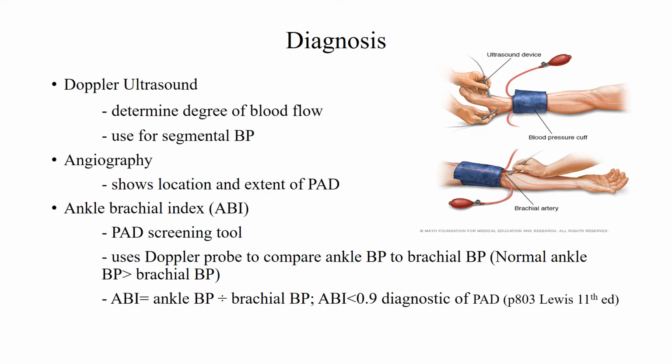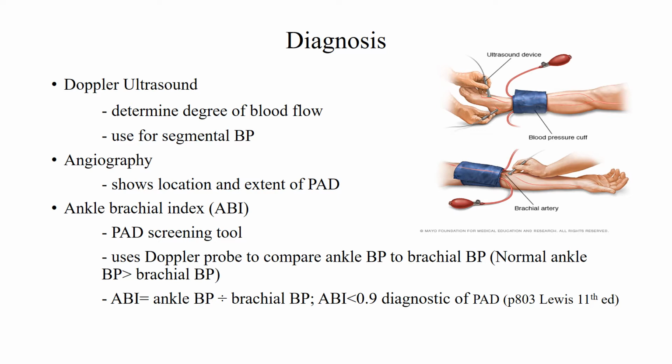Another method for diagnosing peripheral artery disease is the ankle brachial index or the ABI. It is a peripheral artery diagnostic screening tool. It uses a Doppler probe to compare the ankle blood pressure to the brachial blood pressure. And normally, the ankle blood pressure is greater than the brachial blood pressure. So what they do is, again, they apply a BP cuff and they use the Doppler probe to obtain the blood pressure.